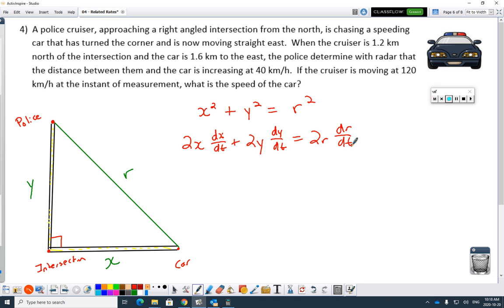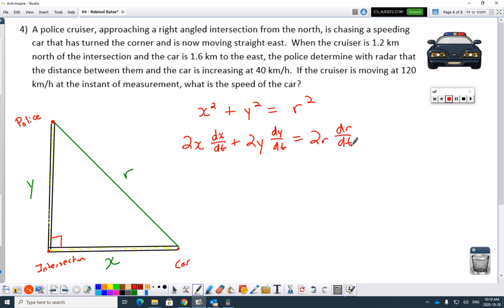Now, when this question goes from difficult to easy is right as I explain what each of these things represents. x is how far the car is away from the intersection. dx dt is how fast the car is moving. It's how much the x is changing with time. y is how far the police are from the intersection.